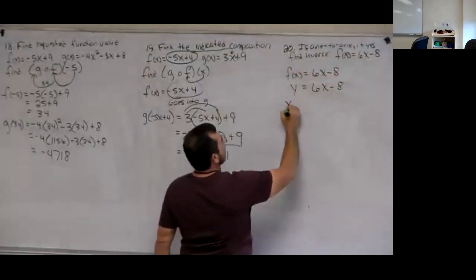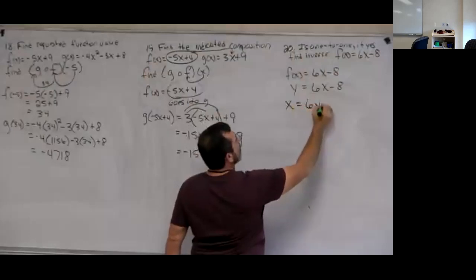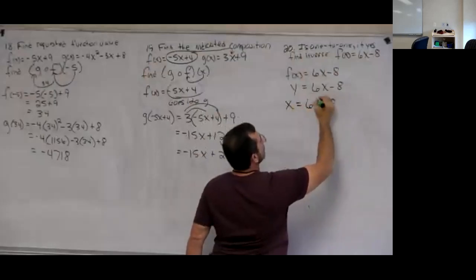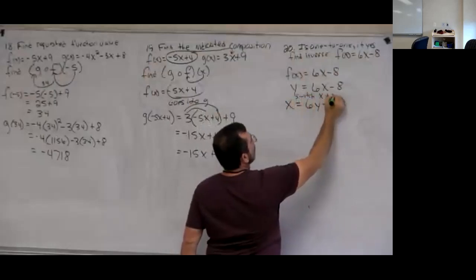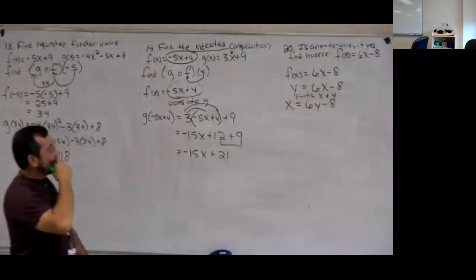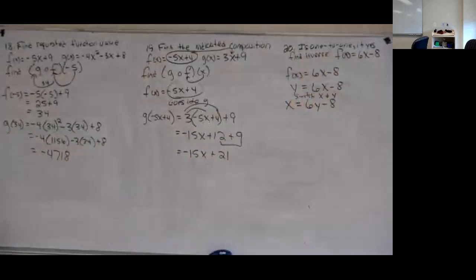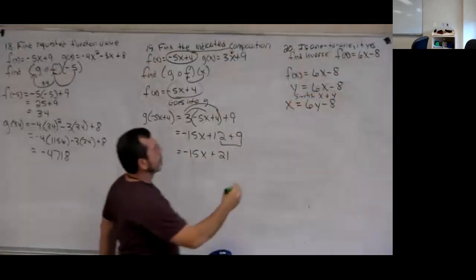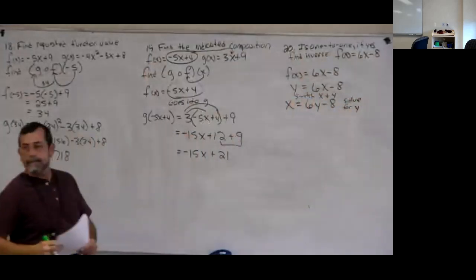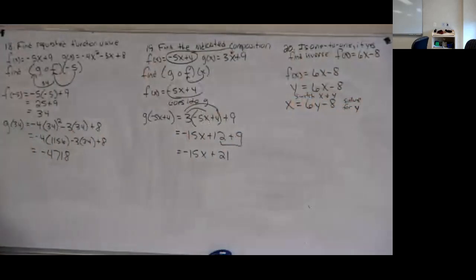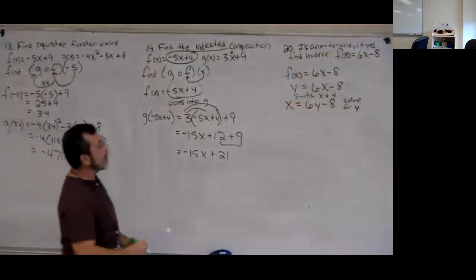So I got x equals 6y minus 8. So I'll write that right here. Switch x and y. Now, solve it for the y. So this is the one where you replace the f of x with a y, switch the x and y, solve it for the new y.